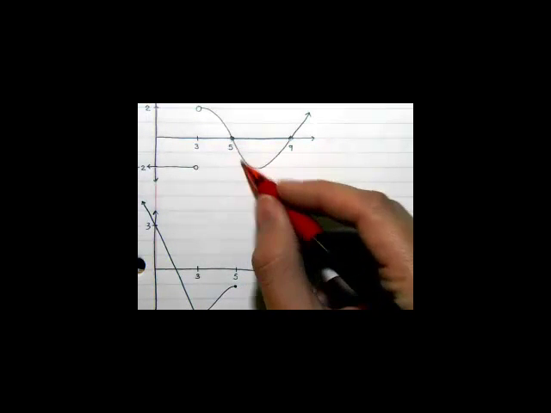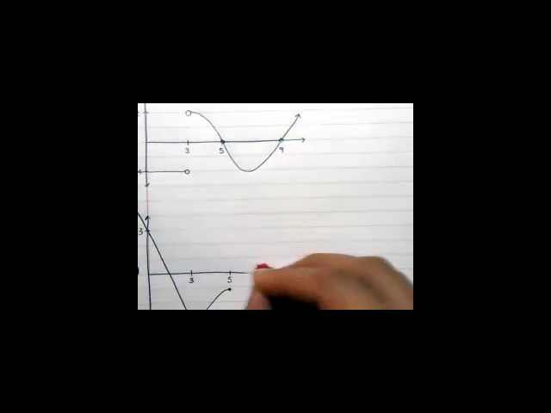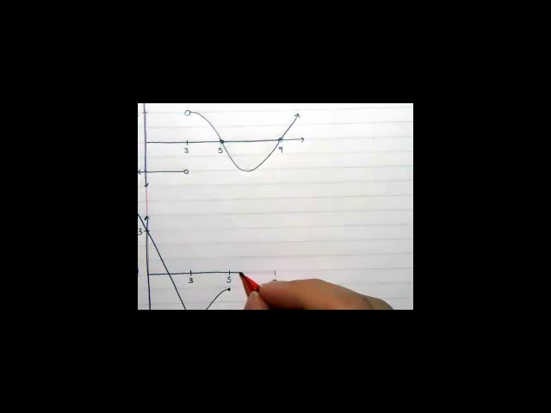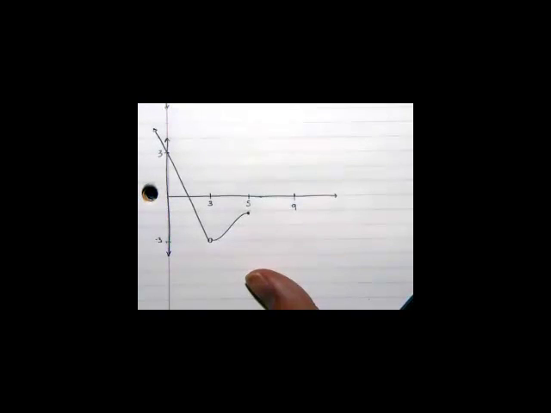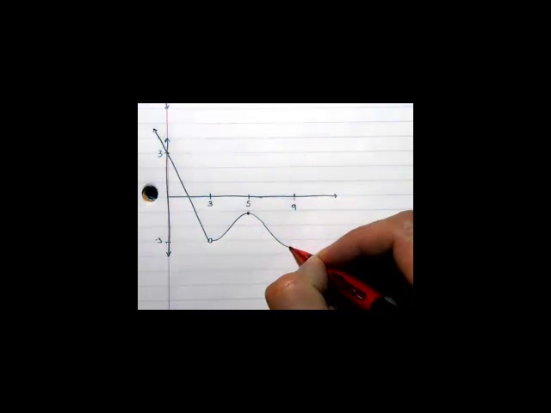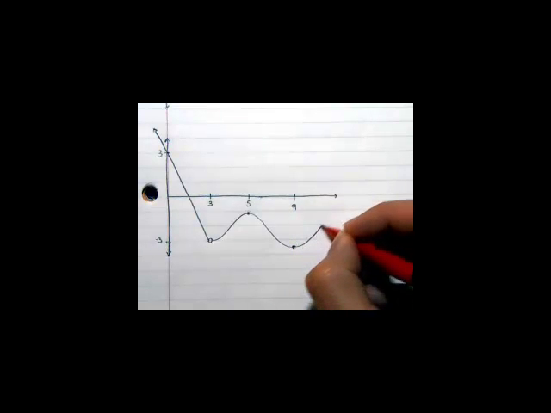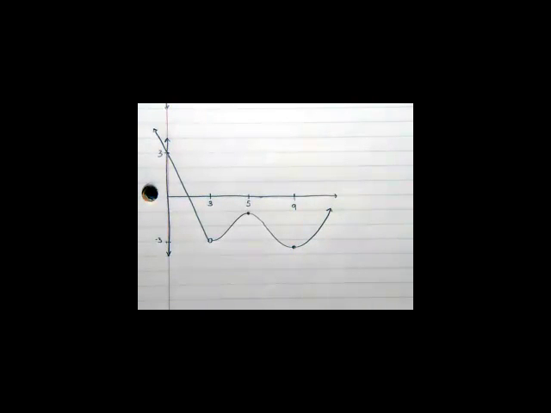And then it's going to decrease until I get to 9, where it's going to hit a minimum. I should make this axis a little straighter. At 9, it's going to hit a minimum, and then it's going to take off from there, and increase from there. So maybe something sort of like that.